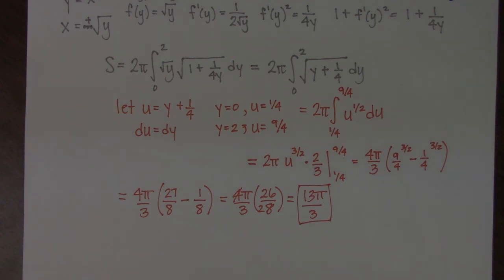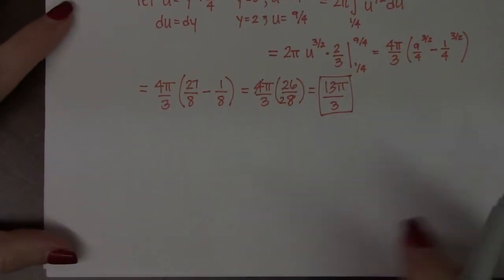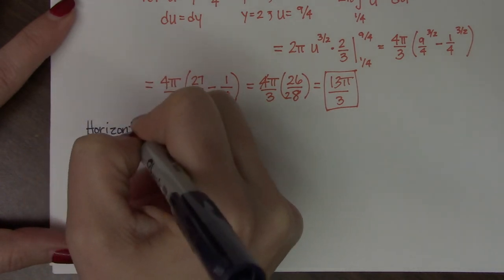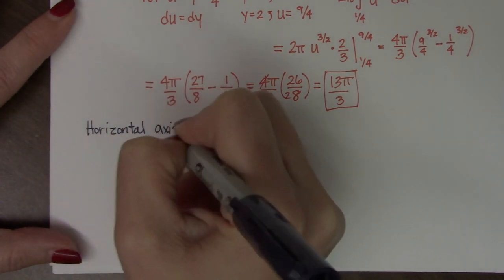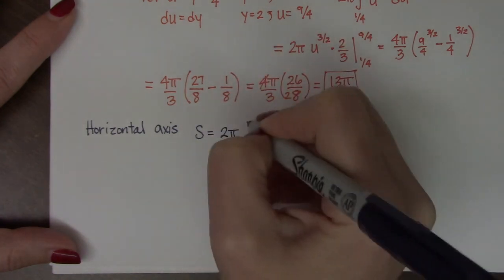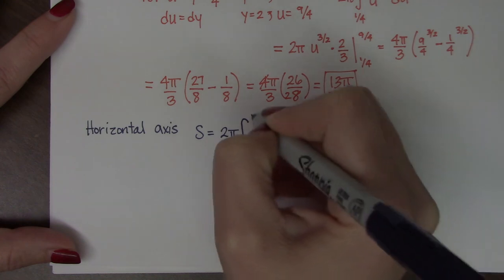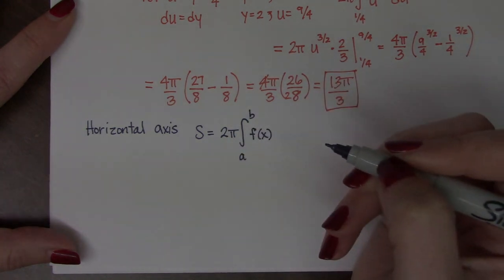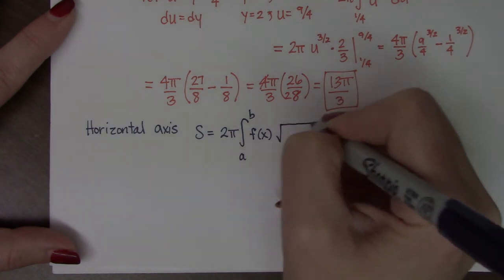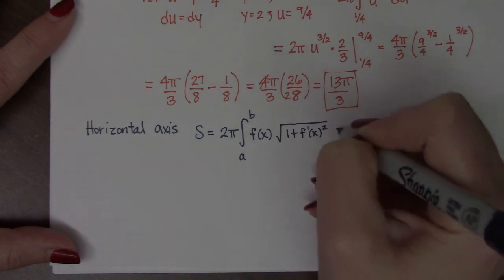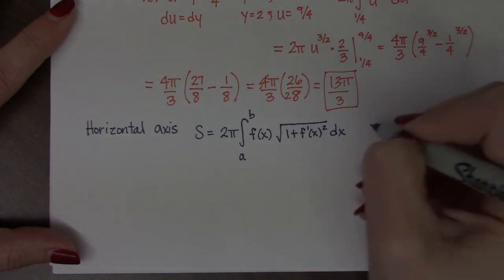So if you're going around a horizontal axis, then the surface integral is 2 pi from a to b of f of x, because the radius is the function, times the square root of 1 plus f prime of x squared dx.